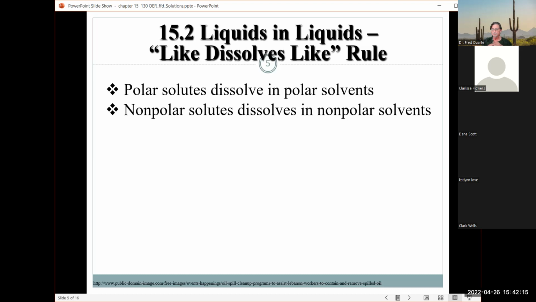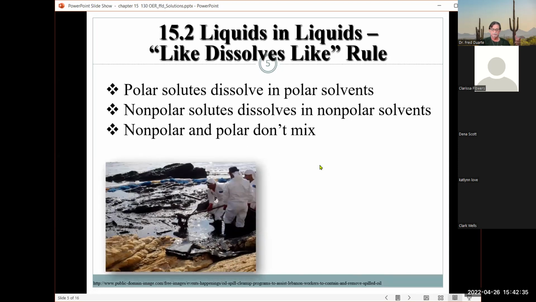The converse is also true, that nonpolar solutes will dissolve in nonpolar solvents. We all know that water and oil do not mix. Water is very polar. Oil is very nonpolar. They do not mix very well, okay? And here's a classic example. Nonpolar and polar do not mix, okay?